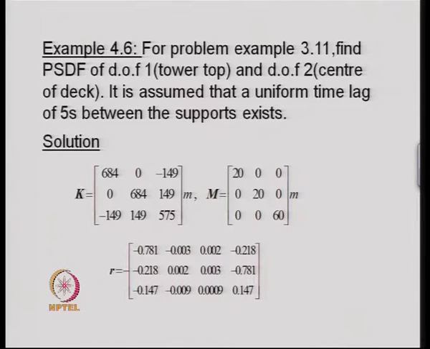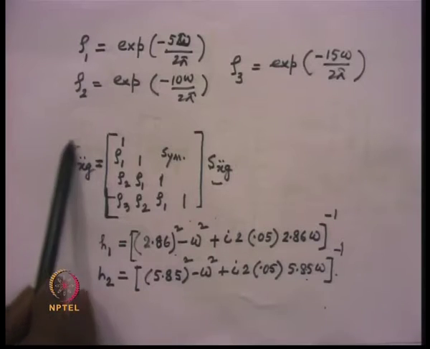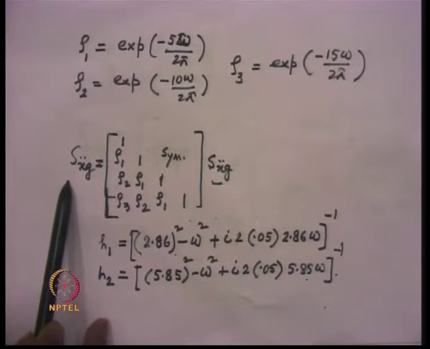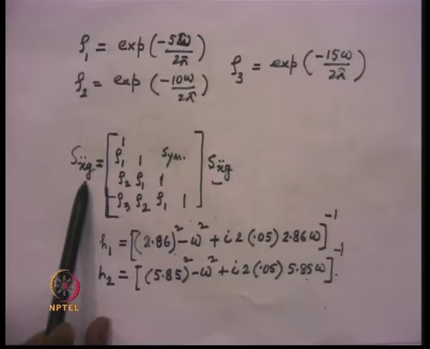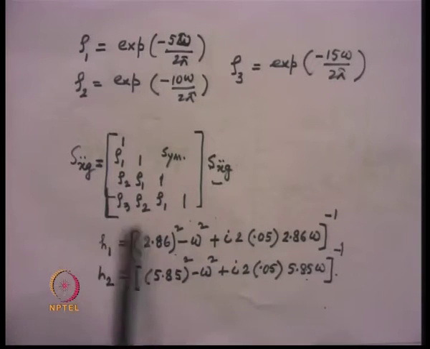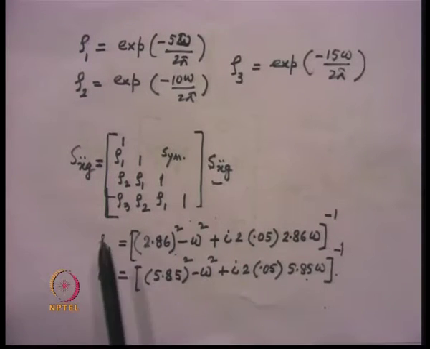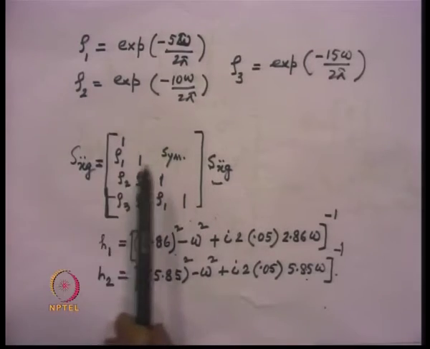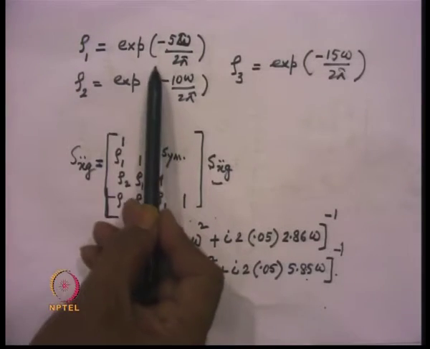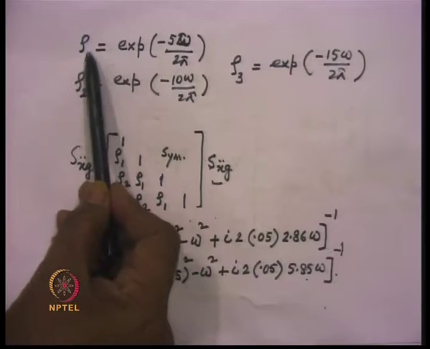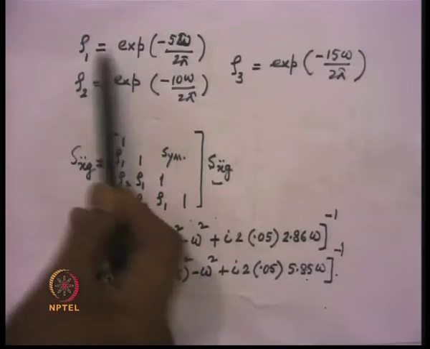Now, in the case of this multi support excitation, what we will require is the definition of the power spectral density function S_x double dot g, and it will be written in terms of the coherence function or the cross correlation function between 2 supports.